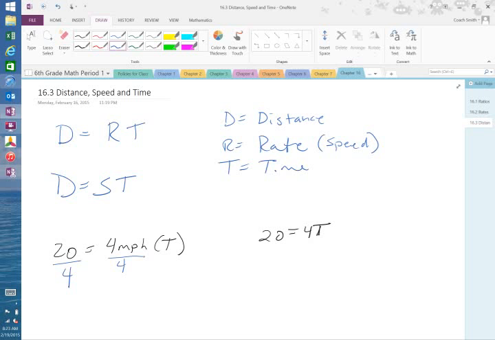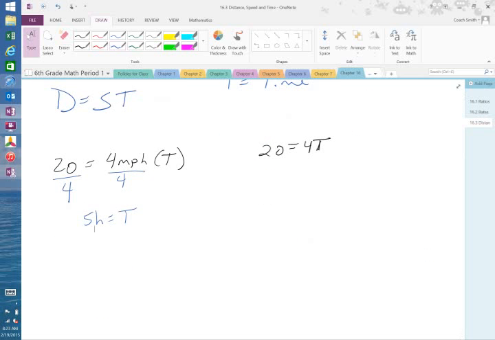And then that would give you time is equal to 5 hours. So the formula to figure time, if time is missing, is time equal to distance divided by speed.